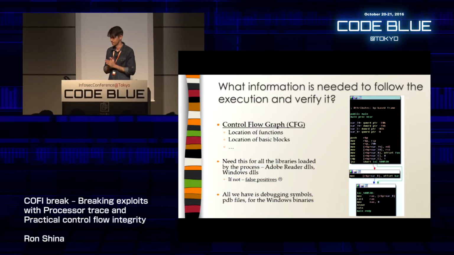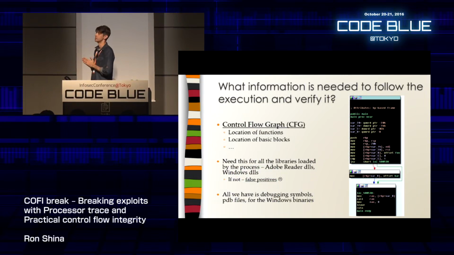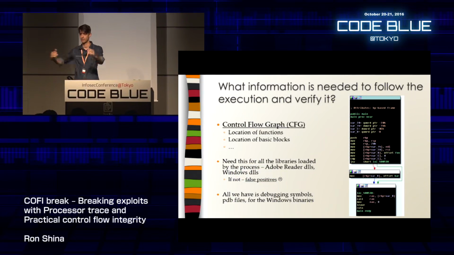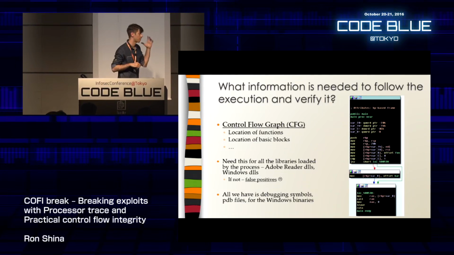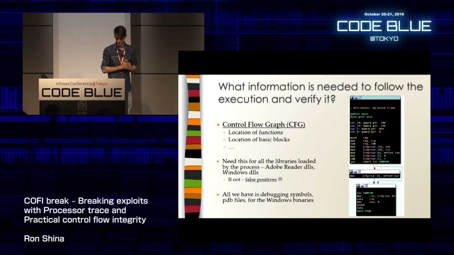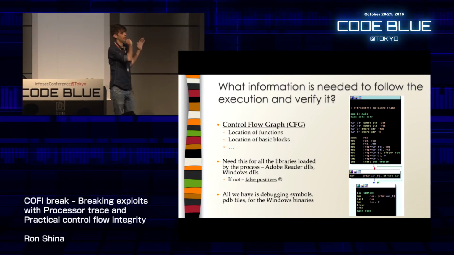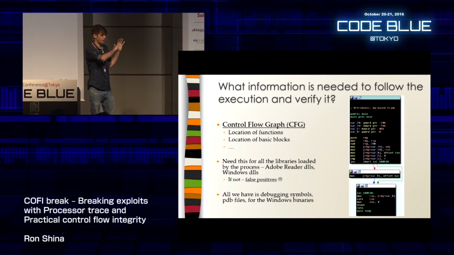But what would you need to do that verification? You would need the control flow graph. That would be a graph with nodes consisting of basic blocks, or you could think of basic blocks and functions. And you need to know where those are, right? Because let's say you suddenly see an instruction pointer. You need to know.